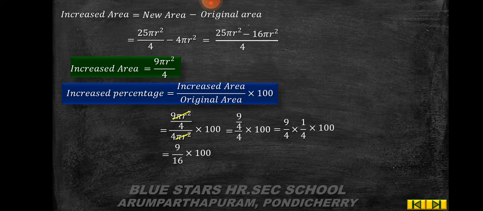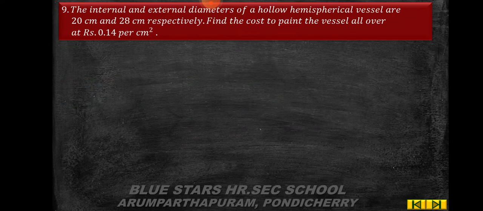So 9 by 16 into 100, you get 0.5625 into 100, which is equal to 56.25%.